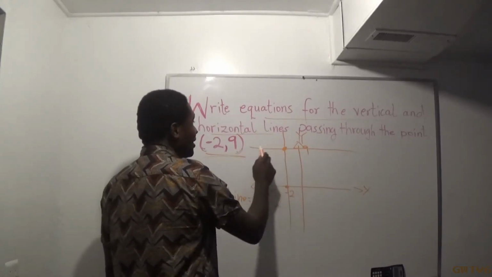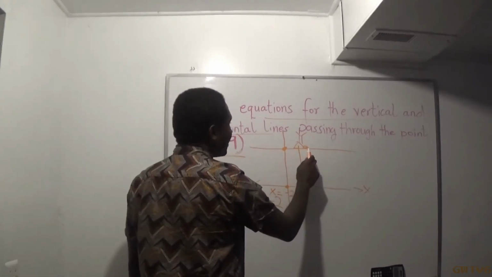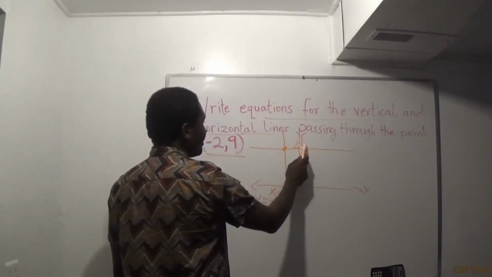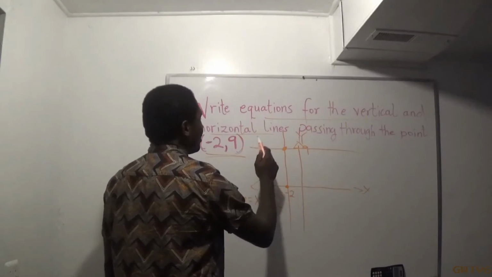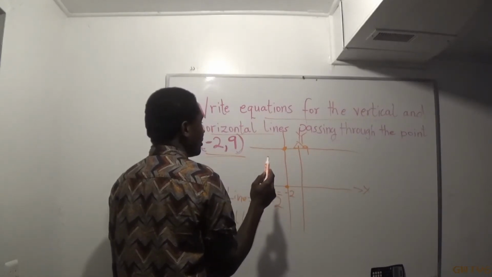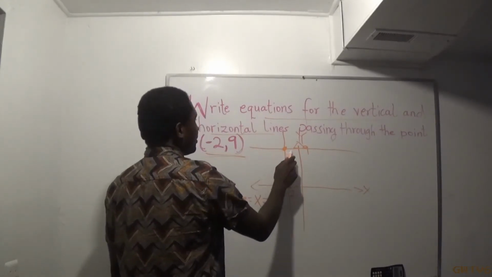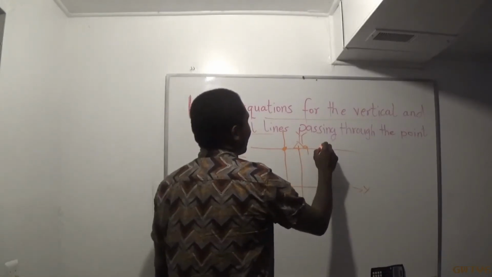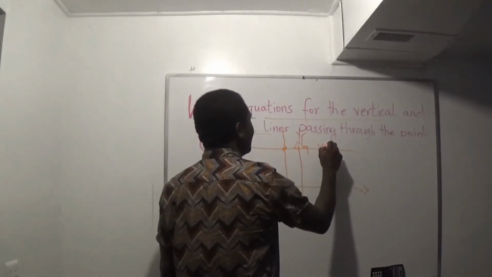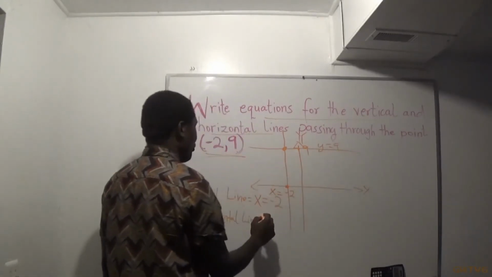And then here, it is passing through 9, but this line is horizontal. But it's touching the y. So I'll say y equals 9 for my horizontal.